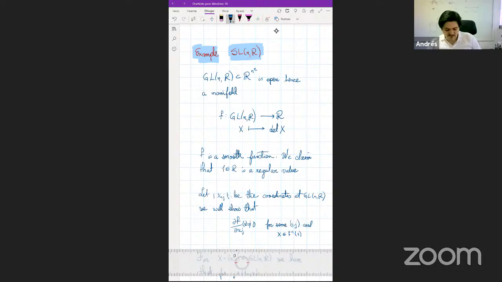So if we find one value that is non-zero, then the point is not critical, hence a regular point.